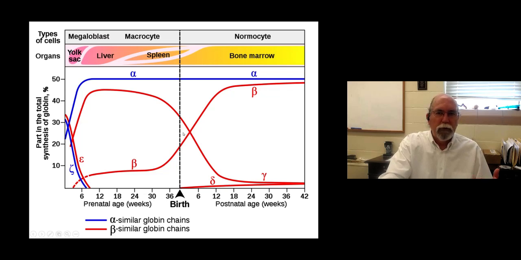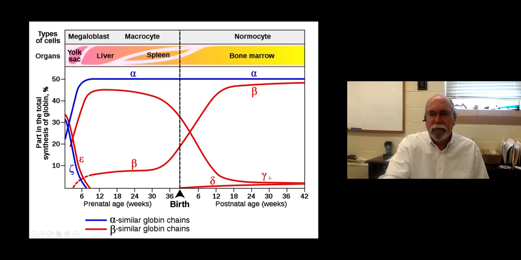Once we're born, we primarily have the embryonic form, okay, being produced out of the spleen, but once the bone marrow takes over, within about 6 months, we switch over to this full adult form, which is primarily the original alpha form up here, and the adult beta form, right? And then that's what we carry on through adult life, with some of these others being present, but in very small amounts.